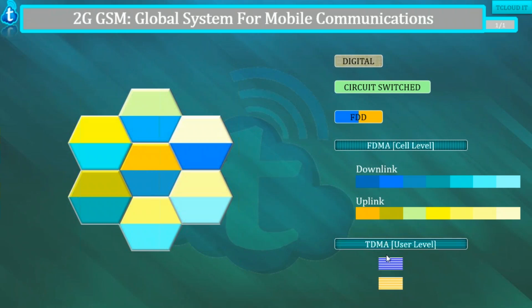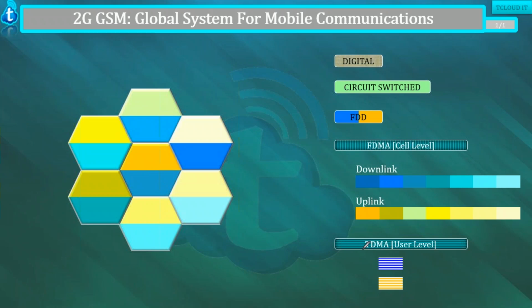Instead of using FDMA at user level, they have decided to change the technology to something called TDMA. So what is happening in TDMA at user level? This 200 kilohertz frequency that is allocated to any cell will never further get divided.